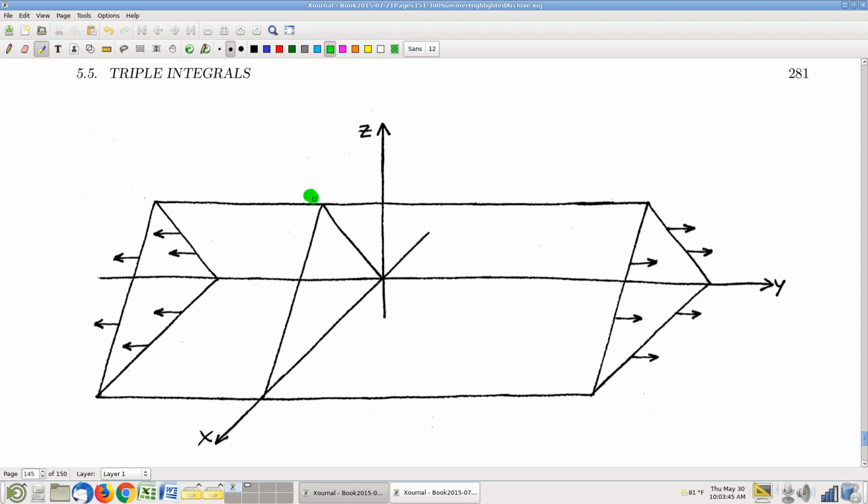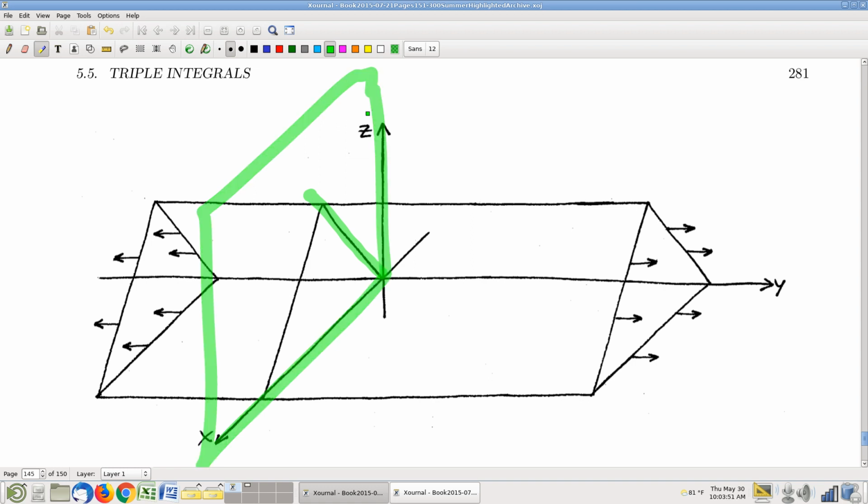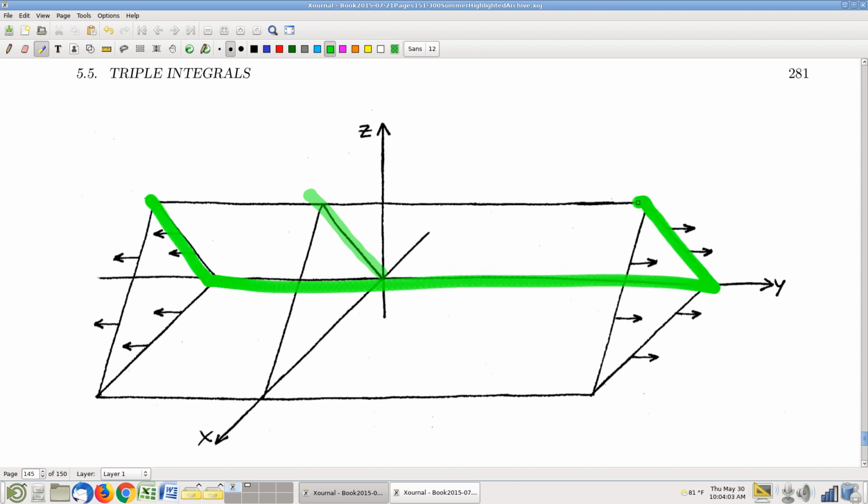Well, let's look at the line z equals x inside of the xz plane. That's what z equals x looks like in there. The plane has to contain that line. And, by the way, don't forget, this plane is parallel to the y-axis, that means that this is that plane.